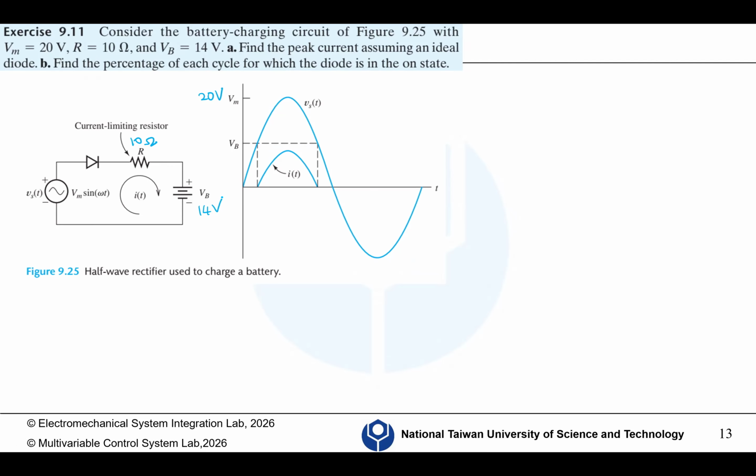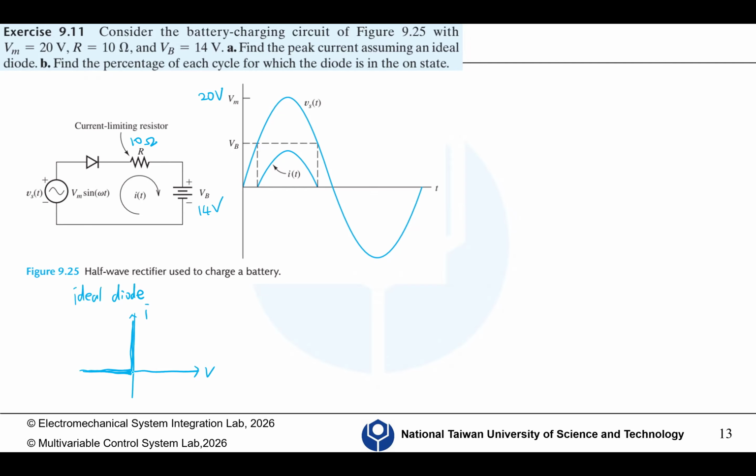Find the peak current assuming an ideal diode. For an ideal diode, if you remember, its VI curve will be just this. This is ideal. If it is on, then it has no voltage drop.